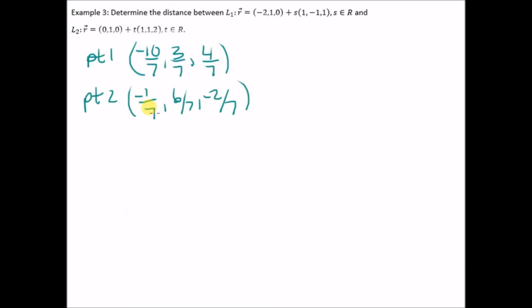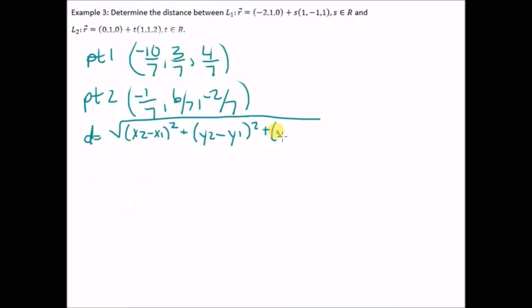Okay, so take those two points and all we want to do is sub them into the distance formula. We were introduced to the distance formula when we were in grade 10. The difference in the x's squared plus the difference in the y's squared. And in this case, we want to extend it one more, plus the difference in the z's squared.